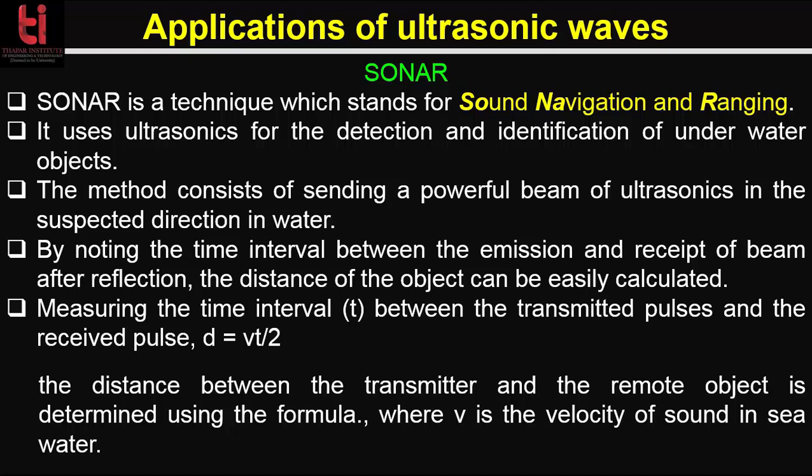By noting the time interval between the emission and the receipt of the beam after reflection, the distance of the object can be easily calculated. Measuring the time interval between the transmitted pulses and the received pulses, the distance between the transmitter and the remote object is determined using the formula d = v × t / 2, where v is the velocity of sound in seawater.